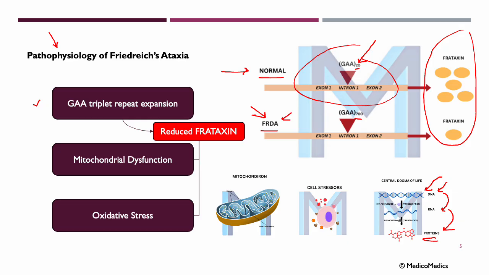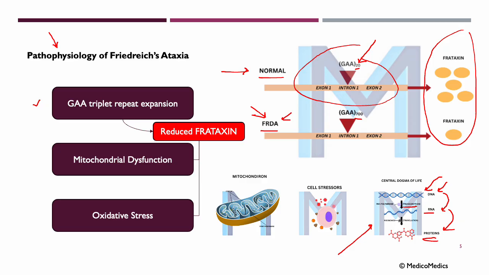And this in turn leads to histone modifications, further silencing FXN expression. And all of this leads to abnormal RNA-DNA loops. And this occurs during transcription. So if you remember the illustration from the previous slide, we go from DNA through the process of transcription to messenger RNA.